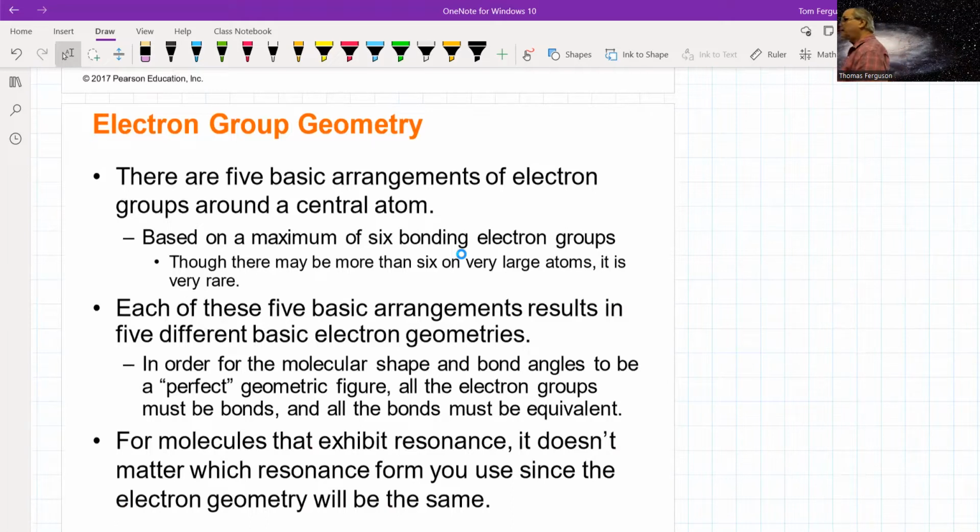And depending on how many bonds we have to the central atom, it'll come up with 5 different configurations. Could be linear, could be trigonal planar, could be tetrahedral, it could be bipyramidal. Now, a whole bunch of different combinations, but there are 5.